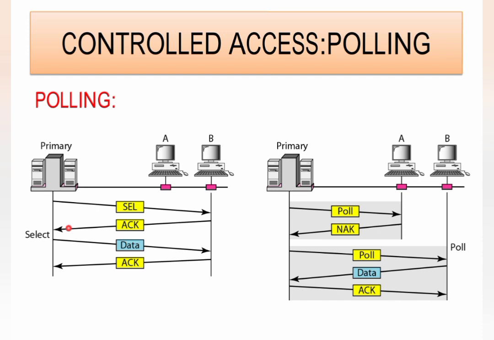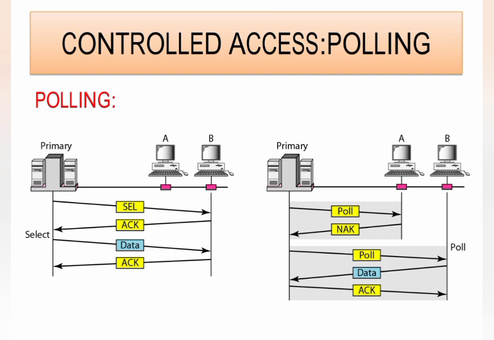Then the primary station will transmit the data to station B, and after a successful transmission, B will send the acknowledgement to the primary station. In this manner the polling is done. The main messages are poll, acknowledgement, negative acknowledgement, select and data. So this is all about the controlled access polling protocol.